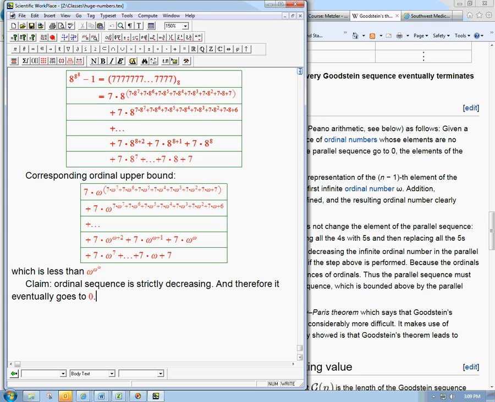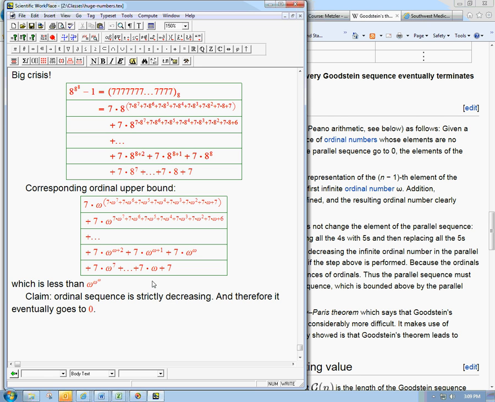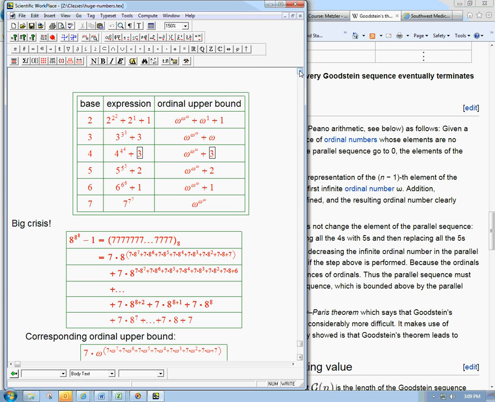And if you want a proof of this very important lemma, that any decreasing sequence of ordinals has to go to 0, you can look at the article on well ordering, but you can even see sort of how that's happening.